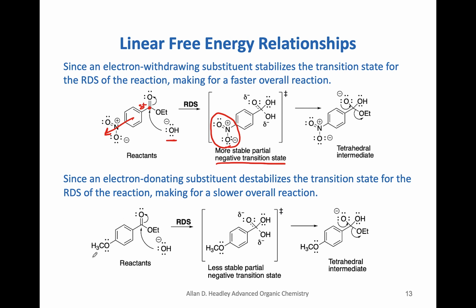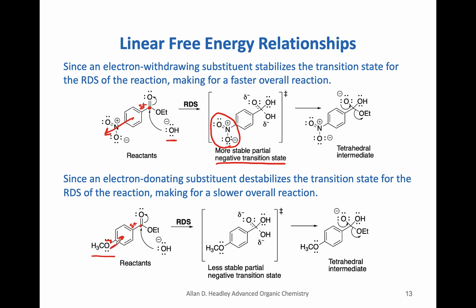Let's look at this one. So here we have the OCH3. So this is pushing electrons into the ring and eventually over here. So the bottom line is when the nucleophile comes in, it sees this electrophilic carbon here because of the 2 oxygens bonded to this carbon.